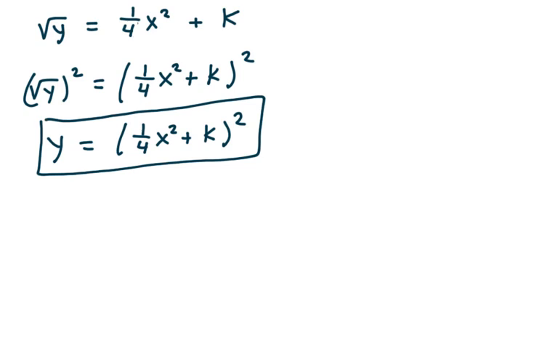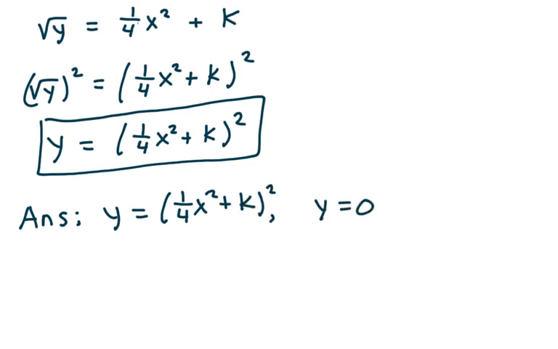That's how we solve for y. So the answer to this problem is y equals 1/4 x squared plus k squared, and then y equals 0. Because if you take the derivative of 0 with respect to x, you get 0, and most certainly 0 equals 0.